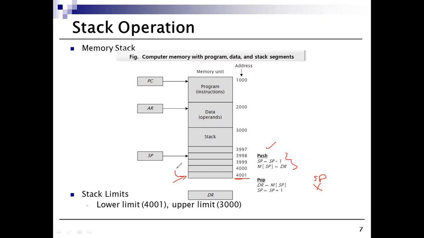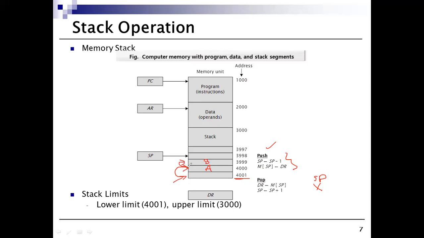First SP will be decremented by 1 so that it is pointing to location 4000, and the element available in the data register is transferred to this particular location. For the next push operation, again SP is decremented and the element is stored.